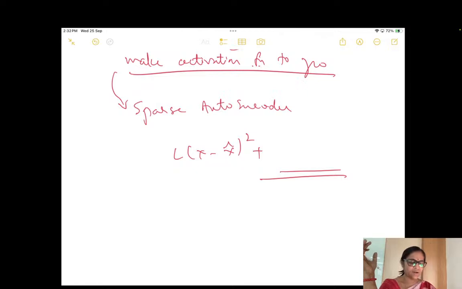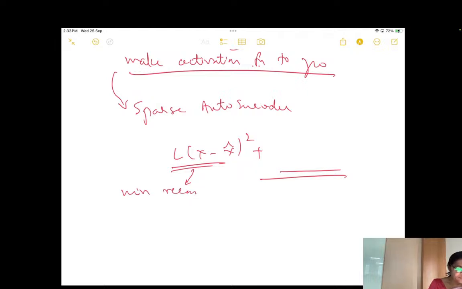Yes, what is the sparse autoencoder? I have written, everything is there. The first term is about minimizing the reconstruction loss, isn't it? So the sparse autoencoder minimizes the reconstruction loss plus what loss?